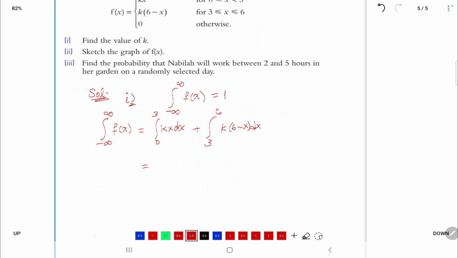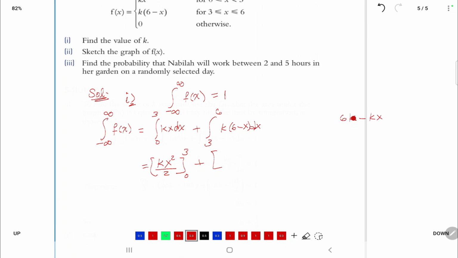If I integrate this one, k is a constant, so this gives k over 2 x squared, from 0 to 3. And then this one I can write as 6k minus kx.